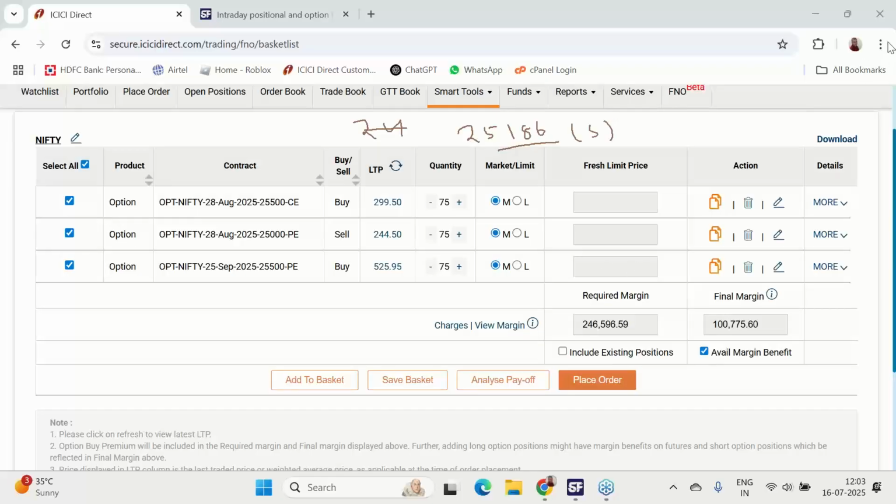Options will take the future as a reference till the last day of expiry. On the day of expiry only they will follow the spot as their master, and valuation will happen as per the spot.